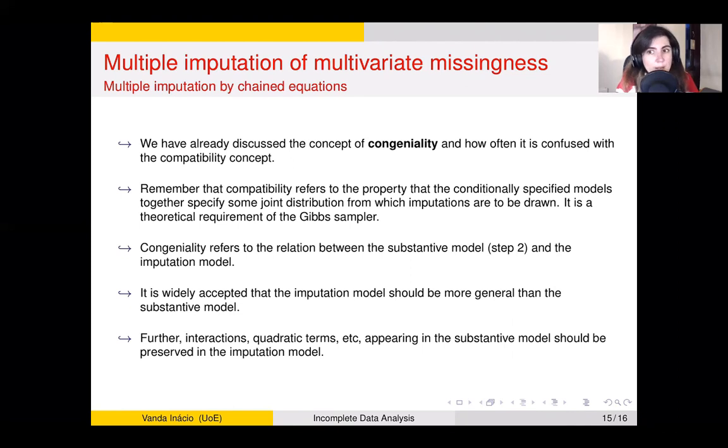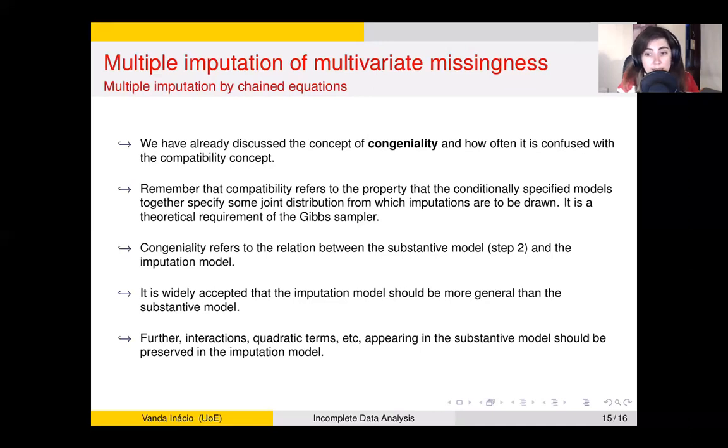And that is where mice starts getting some problems, because by default mice assumes that all relationships are linear, okay? And so if we then have some nonlinearities due to interactions or quadratic terms, it's not always clear what we should do with mice, the algorithm, but also the package, in order to get reliable estimates.